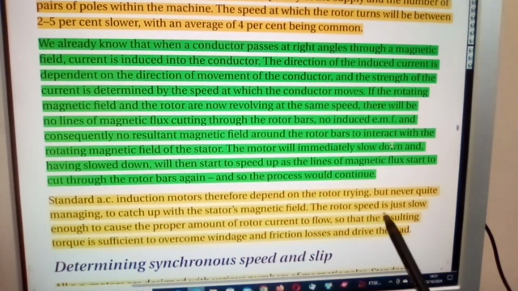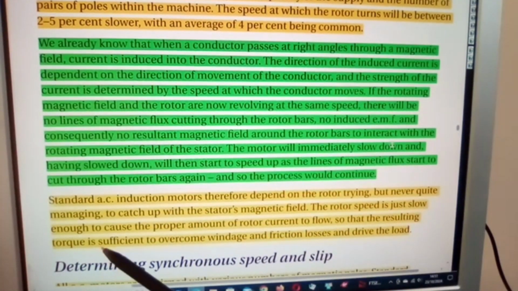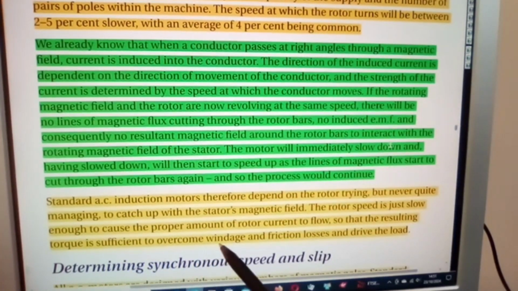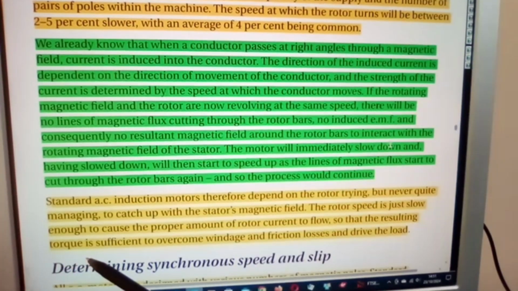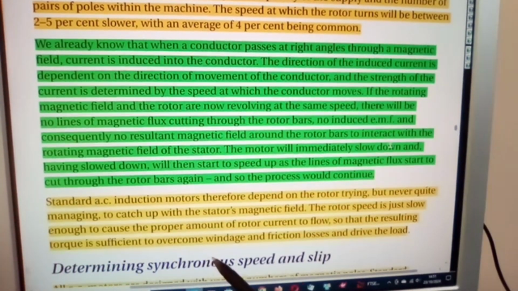The rotor speed is just slow enough to cause the proper amount of rotor current to flow so that the resulting torque is sufficient to overcome windage and friction losses and drive the load.